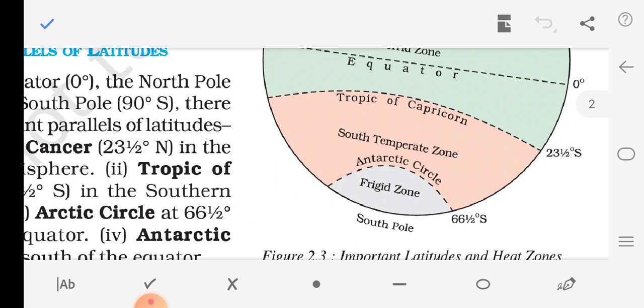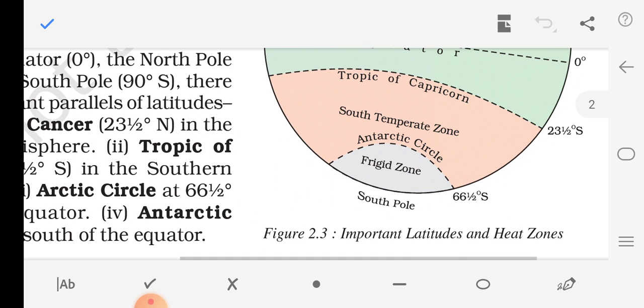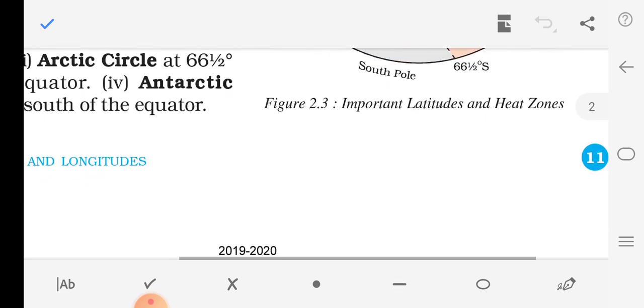The freezing zone will be very cold and the temperate zone will have moderate heat.